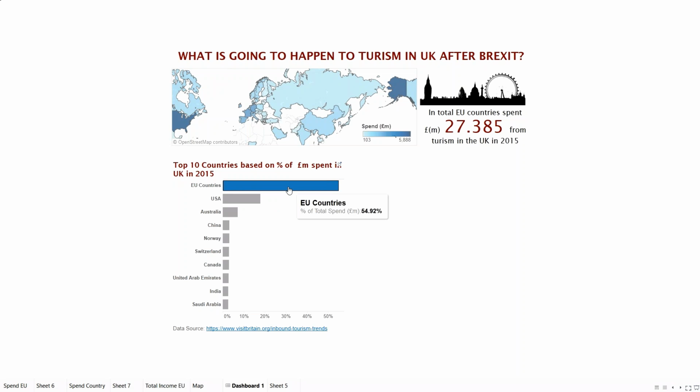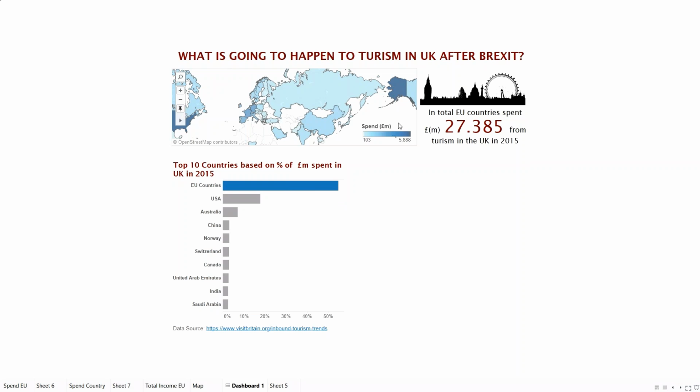So as a group, EU countries are the main contributor to tourism in the UK. In total, in 2015, EU countries spent 27,385 million pounds. So that's quite a lot.